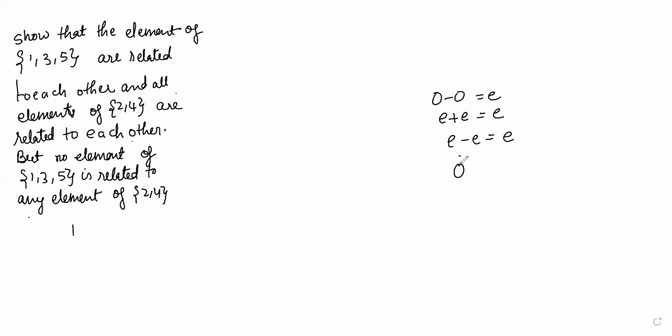Why? Because even minus even will give you even, and odd minus odd will give you even. So if A is odd, then B will also be odd, then odd minus odd will give you even, and B minus A will come even.